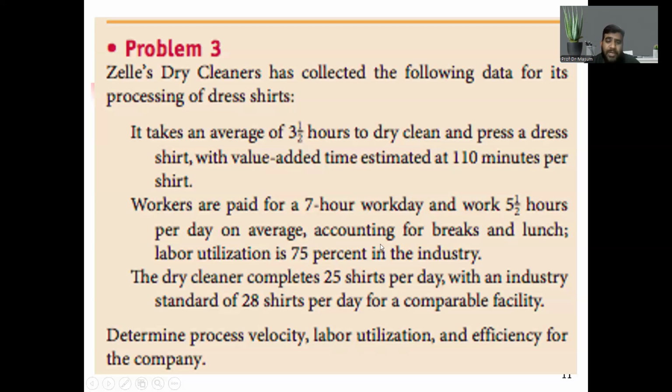Here, how to calculate labor utilization? How many hours are they usually working? 5.5. You can write 5.5 here because this is also given in hours. 5.5 divided by 7. Or you can convert it into minutes.